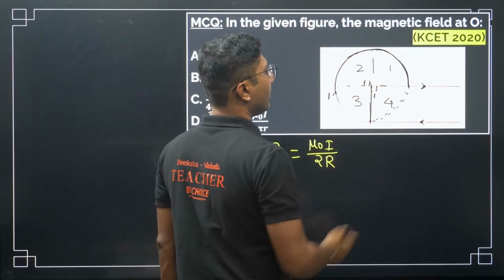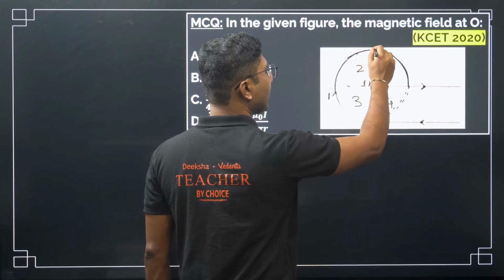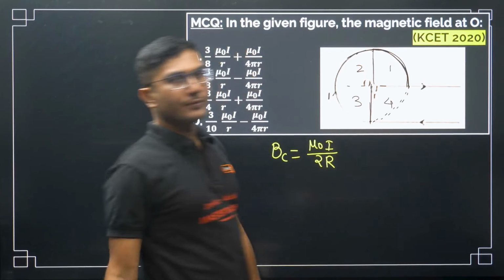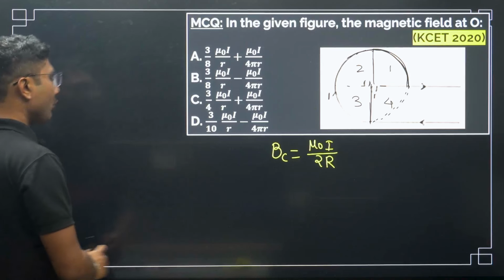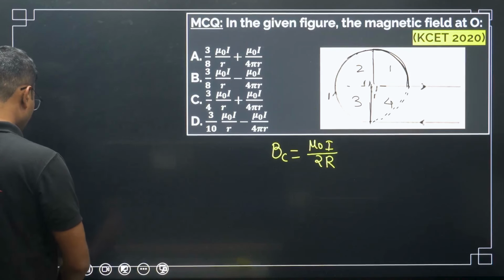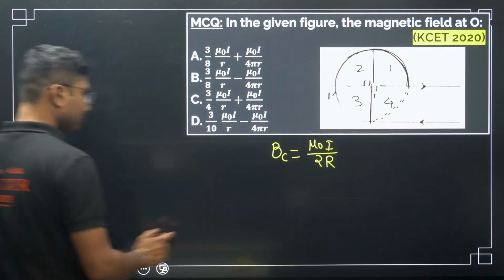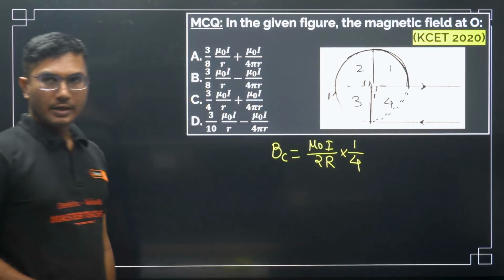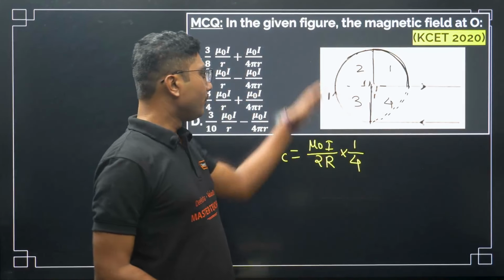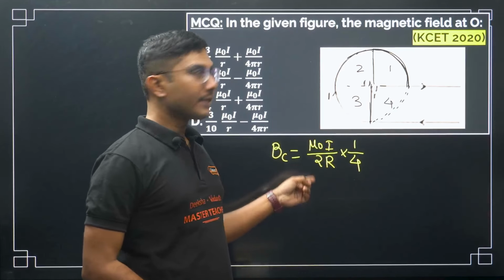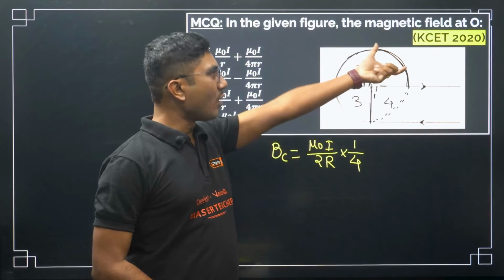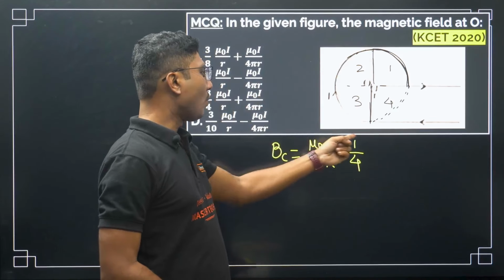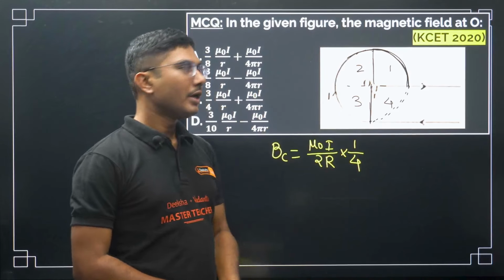So what will be the magnetic field due to any one of these parts? It will be 1 by 4 of that entire value, right?